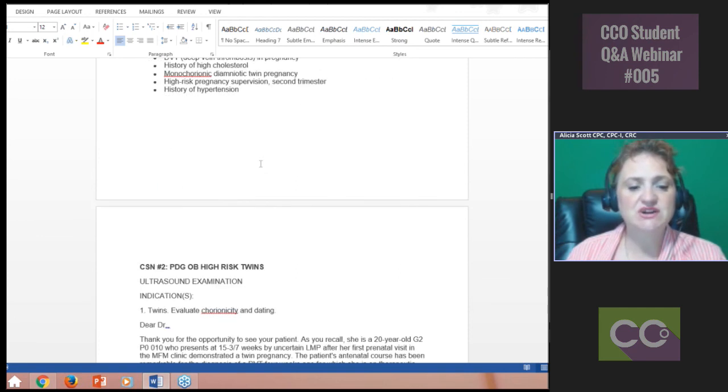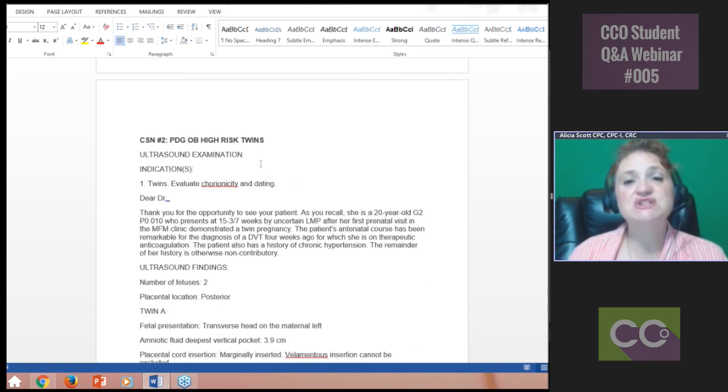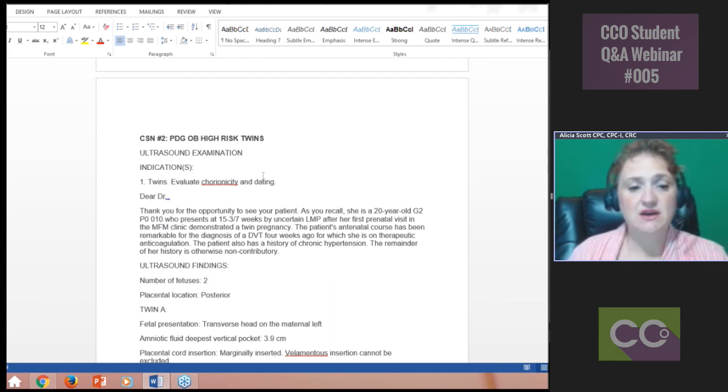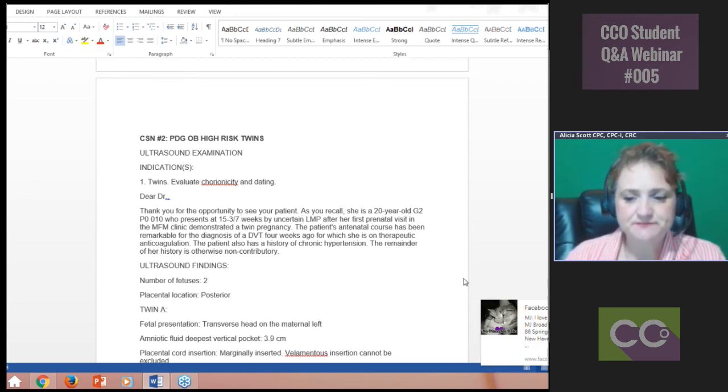But let's go ahead and look at the second case that was sent in, which is the ultrasound for this patient. So they come in because the doctor wants an ultrasound, and this has been a little bit later. They've got a pregnancy for the second time, with one delivery.